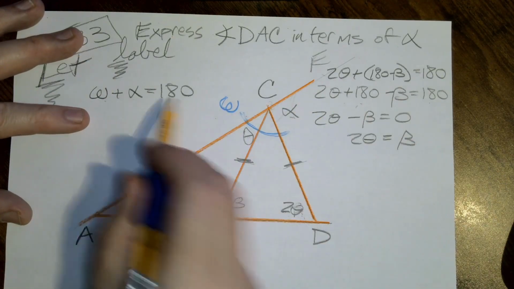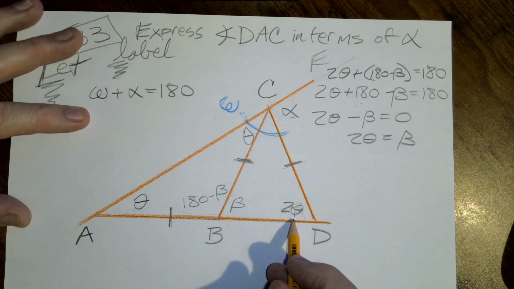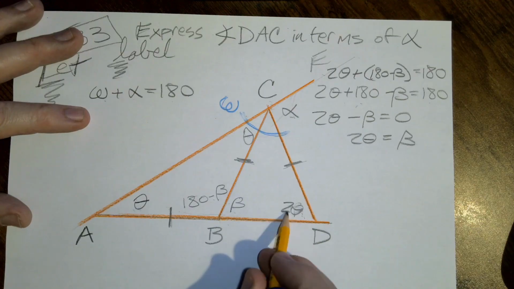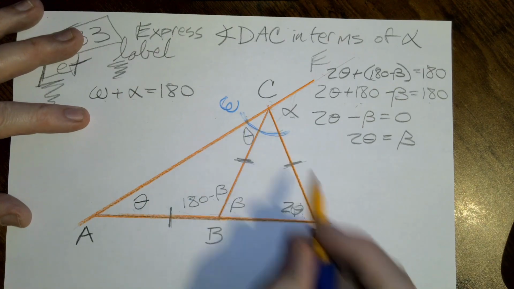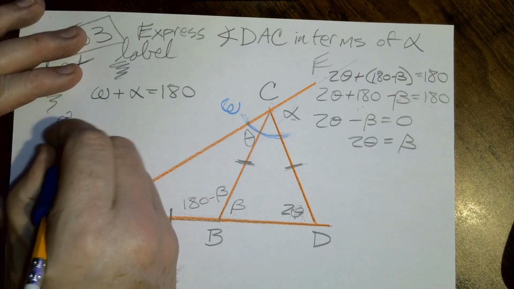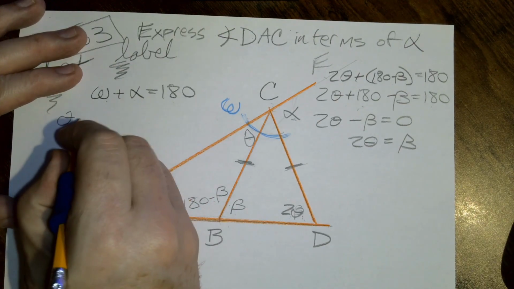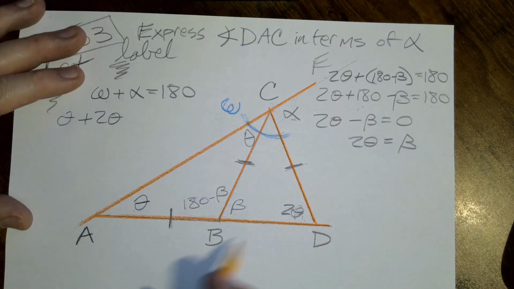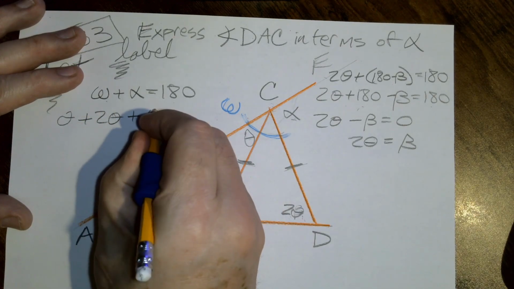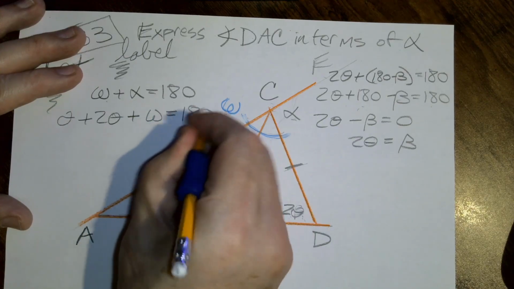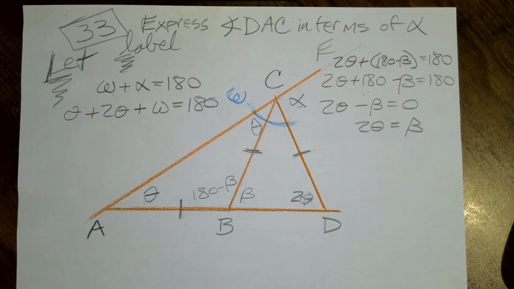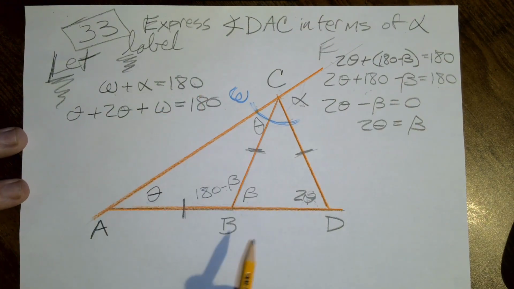So add them together, you get 180. But we also know that 2 theta, this angle, plus omega here is 180. So theta here plus 2 theta plus omega equals 180. There we go. These are both equal to 180.